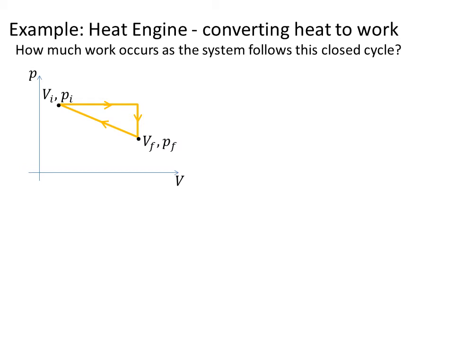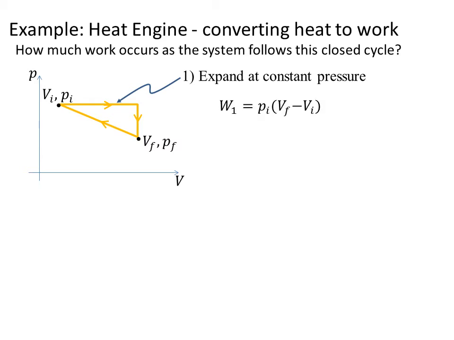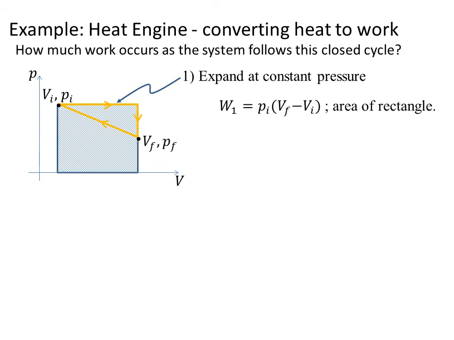And as we go across this, the first leg, the horizontal line, we're expanding at constant pressure. So the pressure always stays at P sub i. So the work on this first leg is equal to the pressure P sub i times the difference in the volume, Vf minus Vi. So it's just the area of the rectangle below that curve.